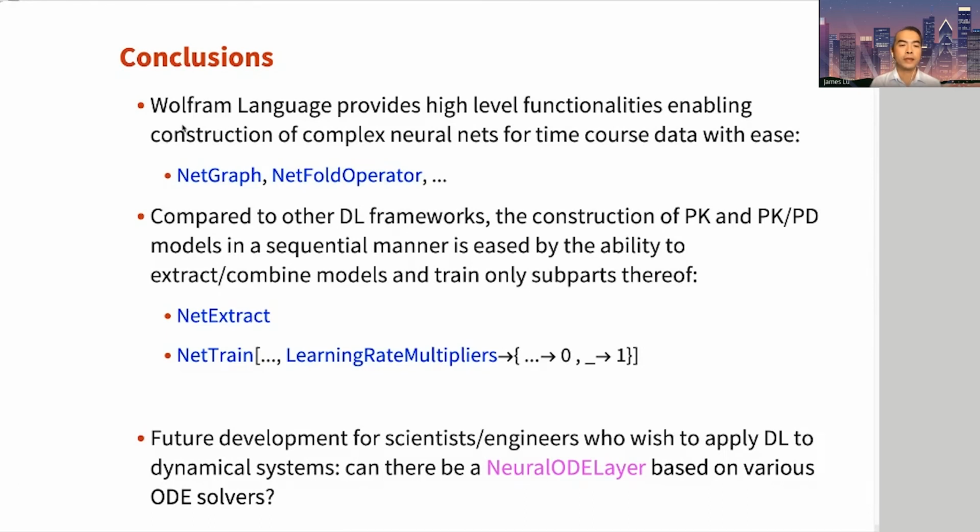I believe there is a lot of interest amongst scientists and engineers to apply deep learning to dynamical modeling. If there is a neural ODE layer that enables one to use various underlying ODE solvers, I believe this would find much utility.